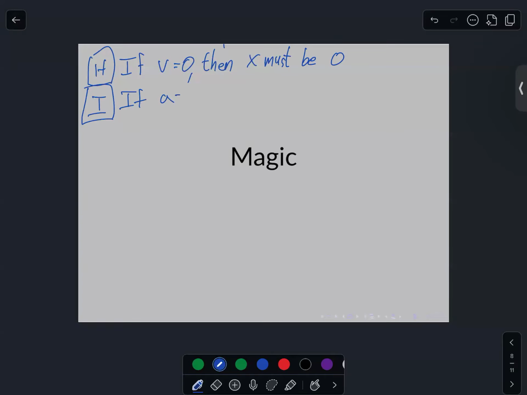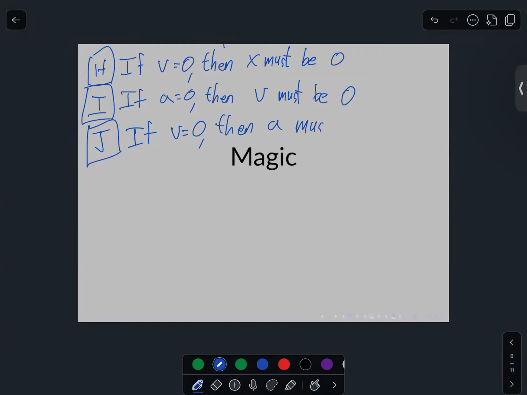So like how acceleration, you know that. Okay. Makes sense.